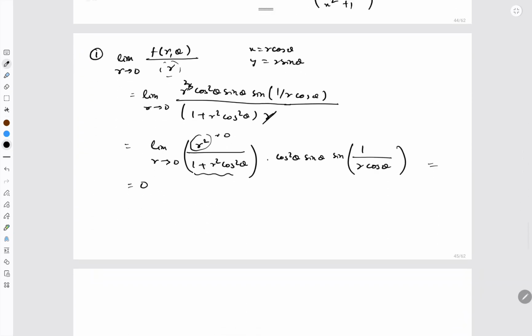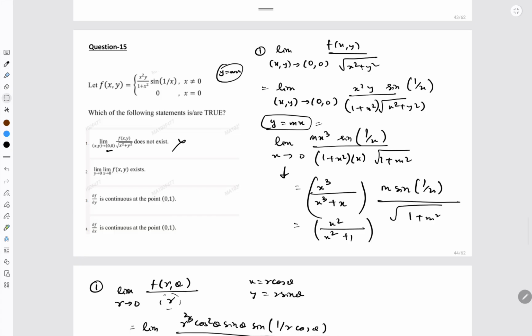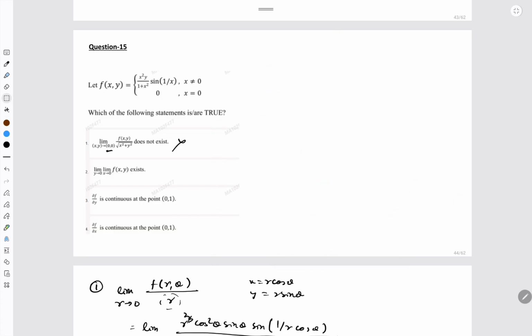Now the second option, we need to do this, so let us use this space as well. For the second question, let us first find the limit x tends to 0 of f of x,y. If I am tending x to 0, so 0 square into y by 1 plus 0 square, that is 1, into sine 1 by 0.